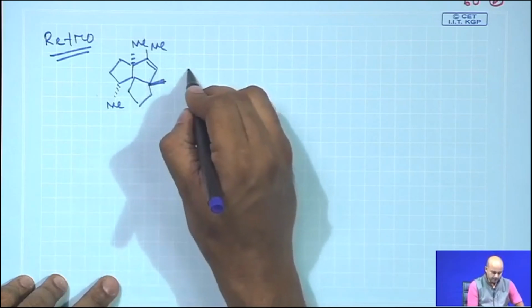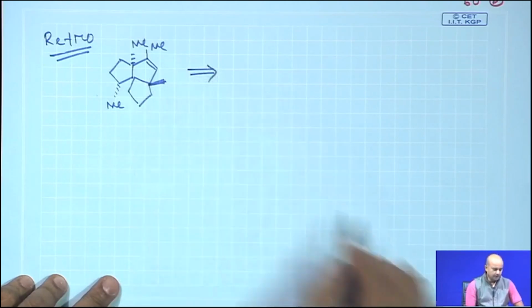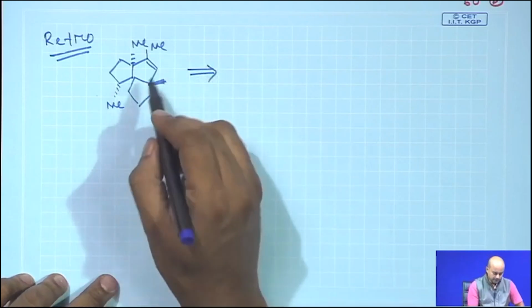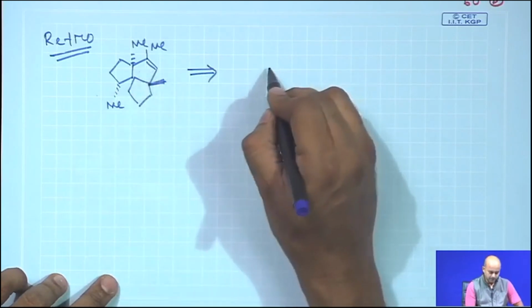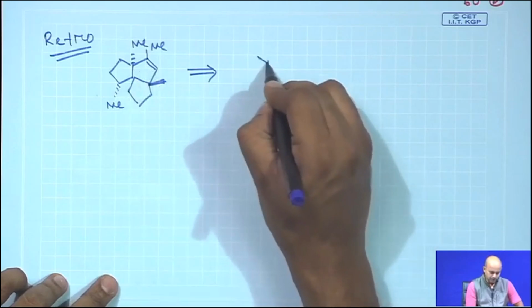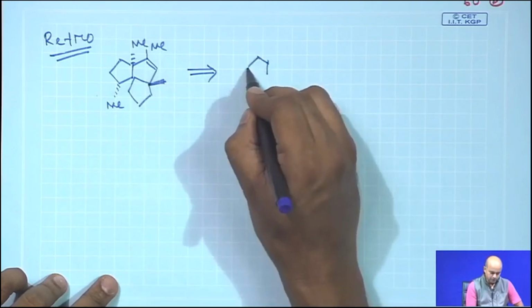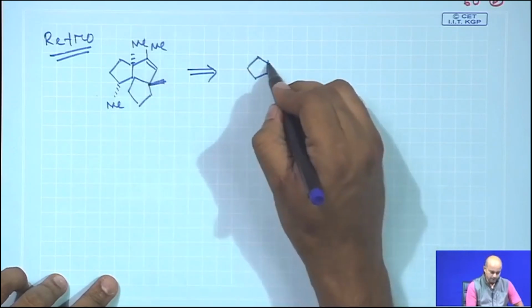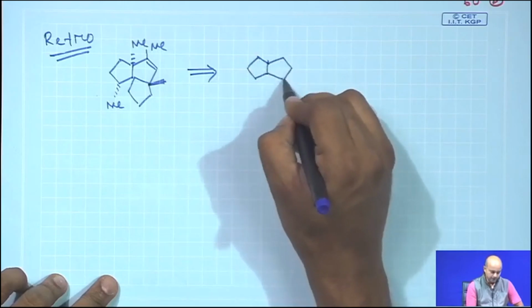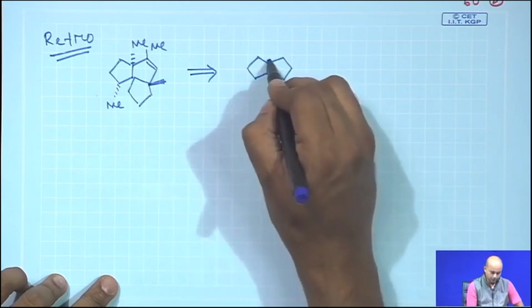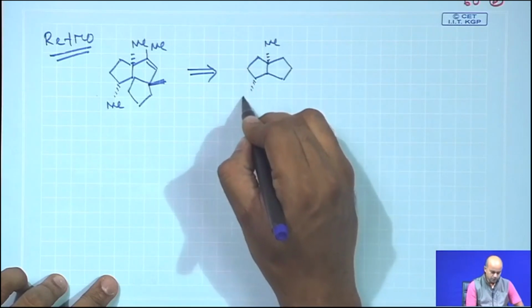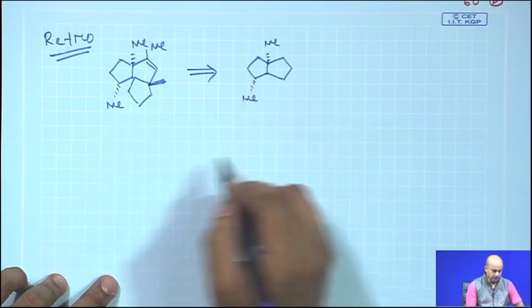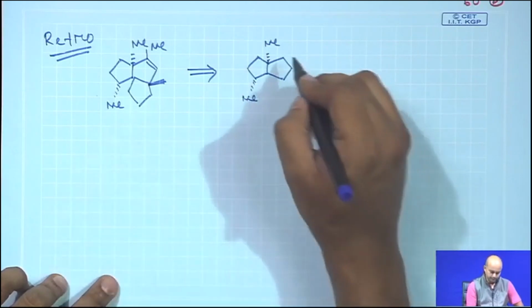Initially, the only active functional group is a methyl functionality. Probably this olefinic unsaturation can be created by a simple elimination reaction, which all of us are quite familiar with. The stereochemistry part we will keep as it is.